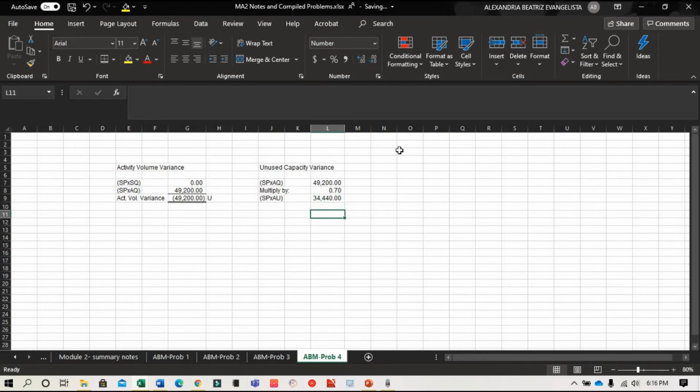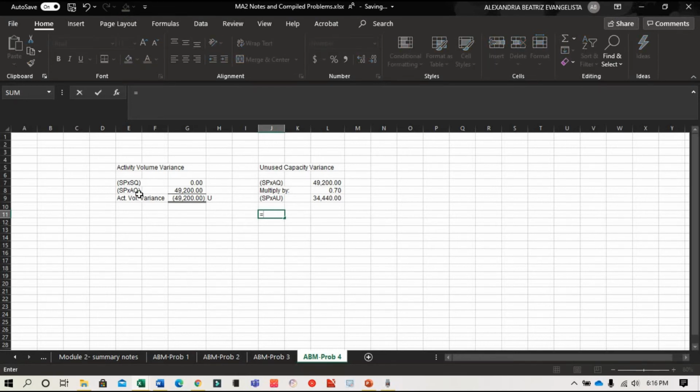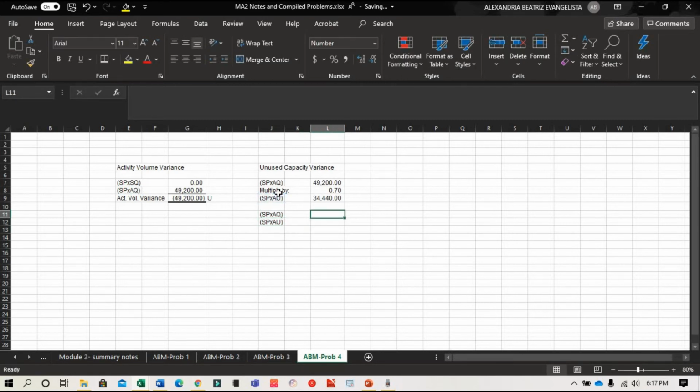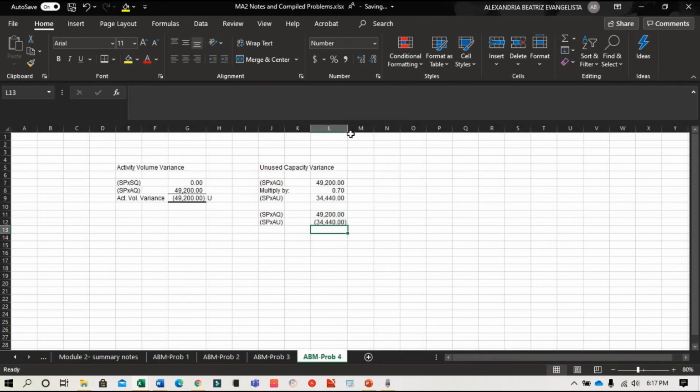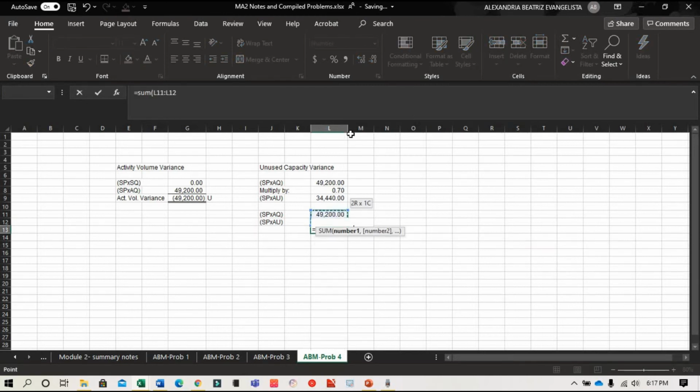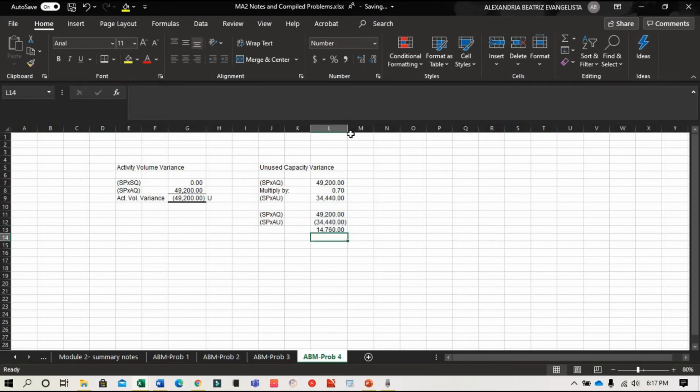So the unused capacity variance is SP times EQ less SP times EU, and that would give us 14,706 favorable.